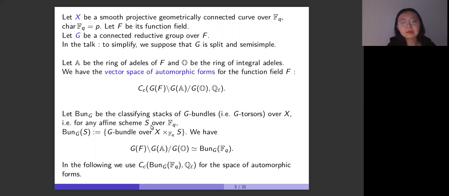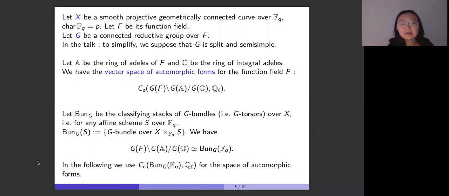So for any affine scheme S over the finite field, its S-points are G-bundles over X times S. What we have here is that the F_q-points of Bun_G, which means the G-bundles over X, form a set isomorphic to this double quotient. In the following, when we talk about the space of automorphic forms for the function field, we will use the continuous functions with compact support over the F_q-points of Bun_G.